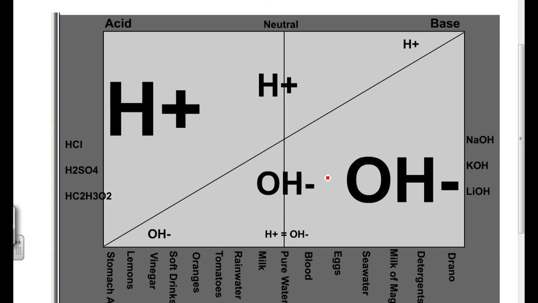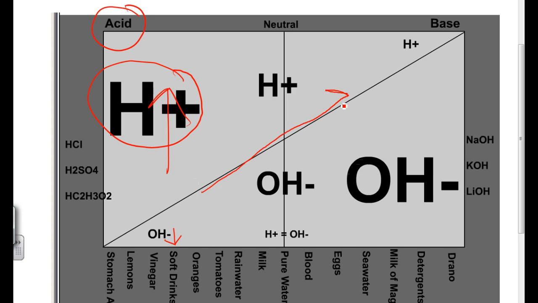Alright, what this is saying is if I have a lot of hydronium or H plus, it's very big. I have very little OH, and that means I'm acidic. But as I move across this scale, I become equal here, and that means I'm neutral.